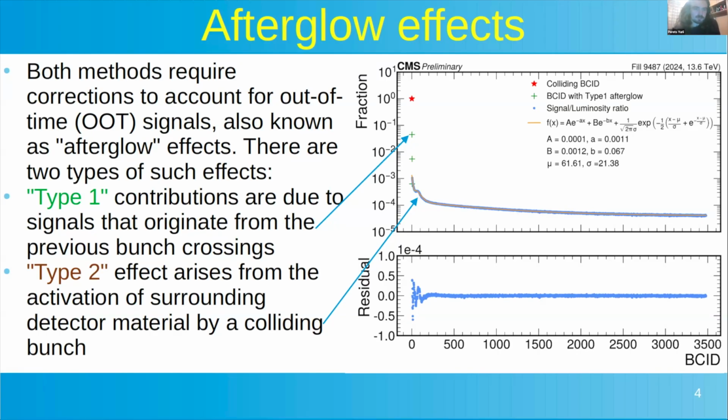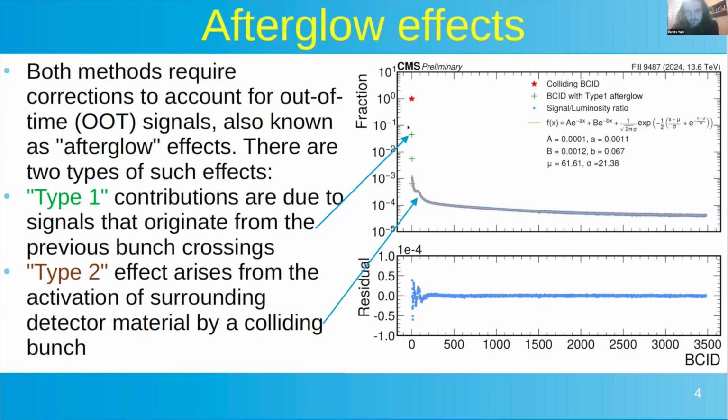We have two types of afterglow effects. Type 1 afterglow effects are due to signals that originate from the previous bunch crossings, and type 2 afterglow effects arise from the activation of surrounding detector material by a colliding bunch. Here you can see on this plot, with the red star, we have our colliding bunch.